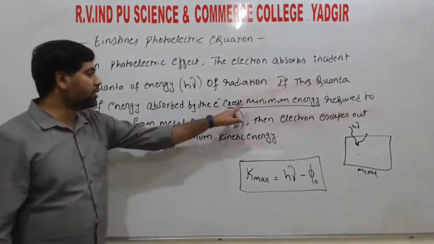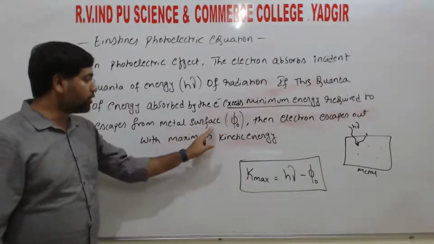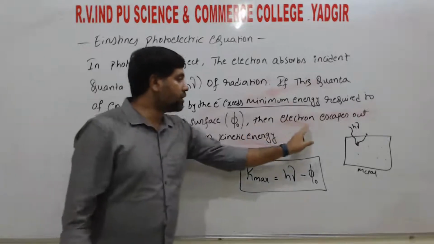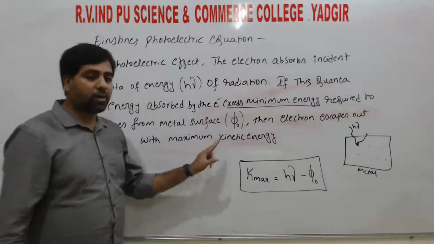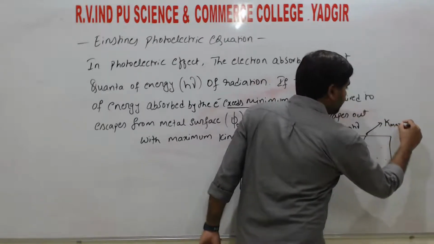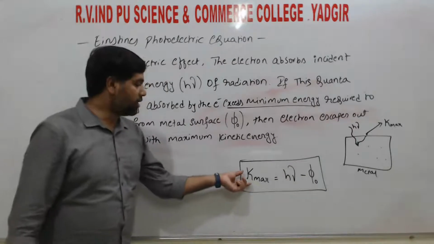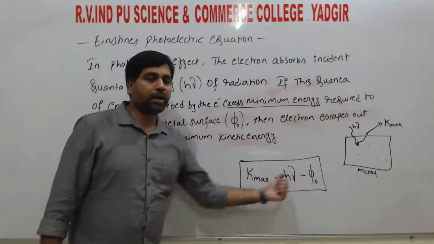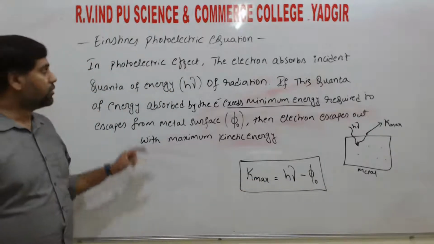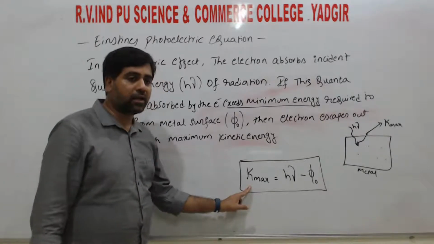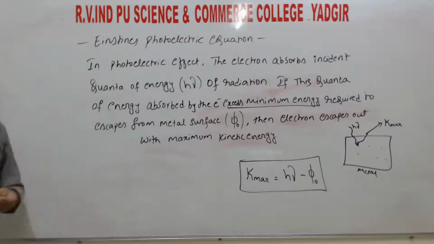Or directly we say that as the work function. Then the electron escapes out with the maximum kinetic energy, and the maximum kinetic energy is equal to h nu minus phi naught, right? So this is the Einstein photoelectric equation. Now we will discuss Einstein's photoelectric equation.